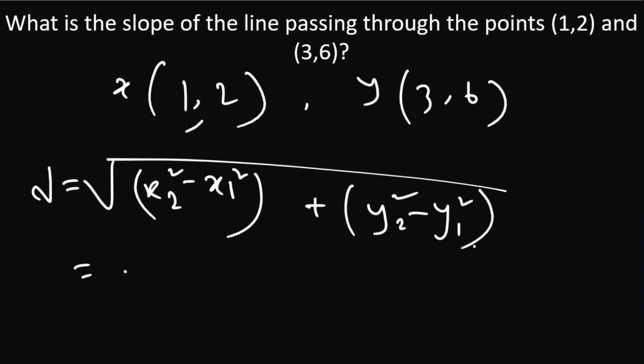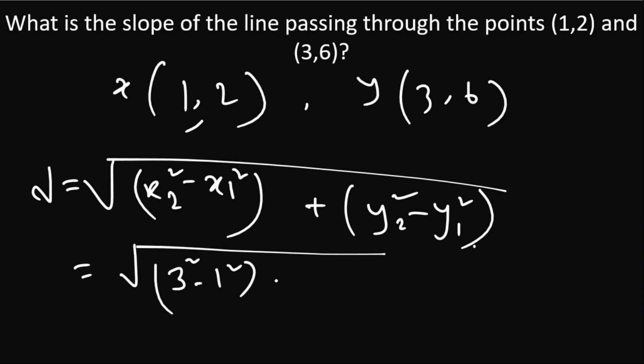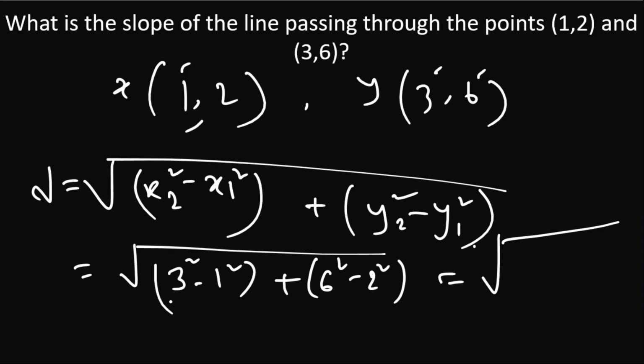So we're going to solve it this way. x2 is 3, squared, minus x1 which is 1, squared, plus y2 which is 6, squared, minus y1 which is 2, squared. So 3 squared means 9, minus 1, so it's 8, and 6 times 6 equals 36, minus 4, it's 32.